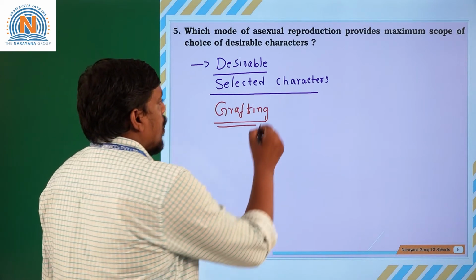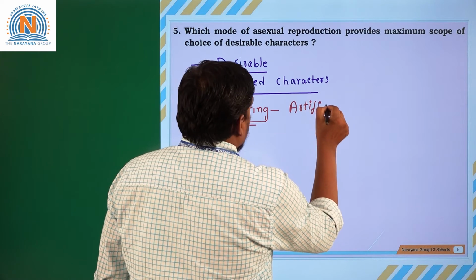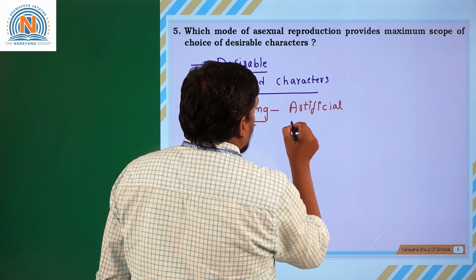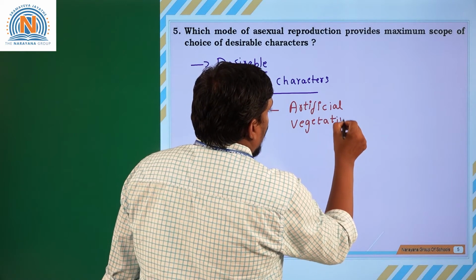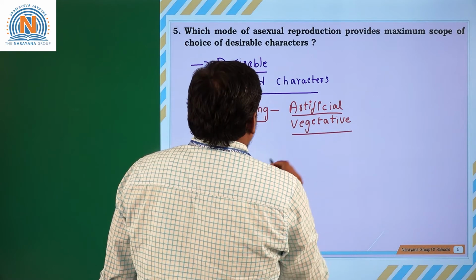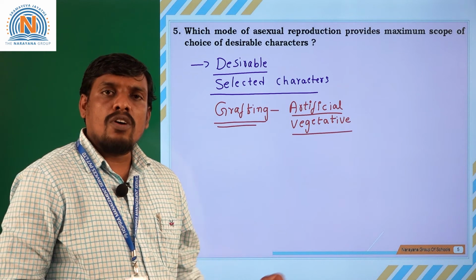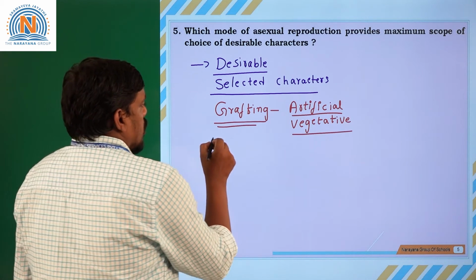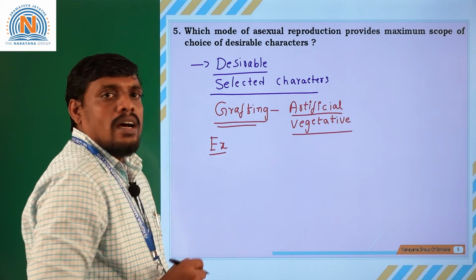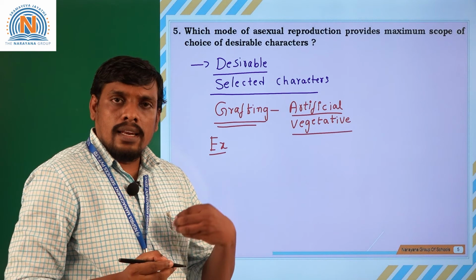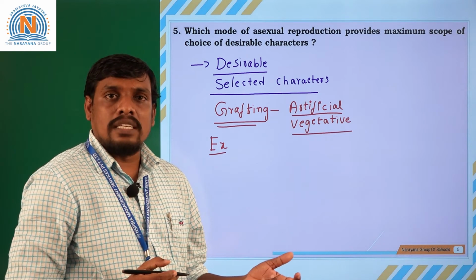It is an artificial vegetative propagation. This artificial vegetative propagation helps in the transfer of desirable characters from one plant to another plant. Desirable characters can enter into a new plant through a process called grafting.